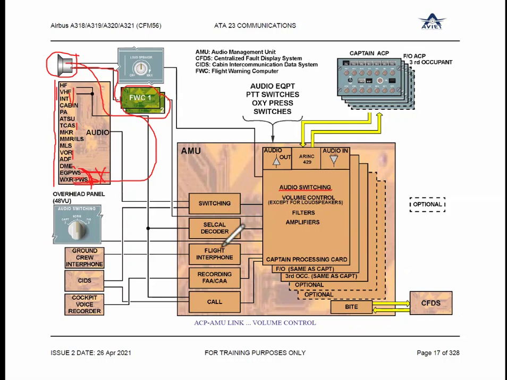It has got some more parts. Sorry. Does that also have priority over attention getters? Attention getters, you can say, but attention getter is a light which comes momentarily and then goes. Yes, you can say master warning, because it depends upon whether it is a master caution or master warning. So master warning itself is a priority over master caution because they are separate channels. Master caution and master warning, two are separate channels.